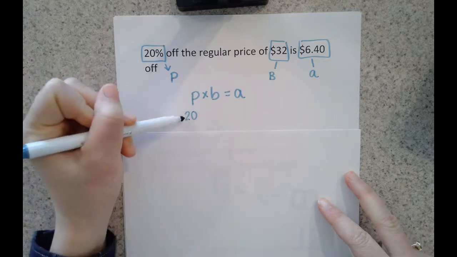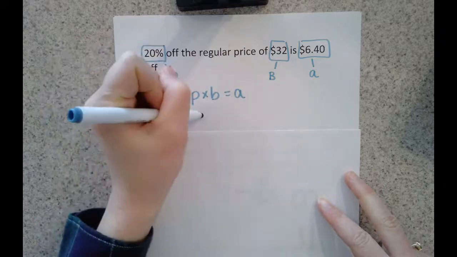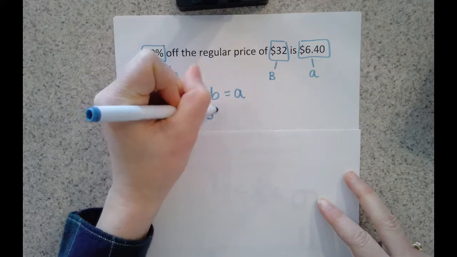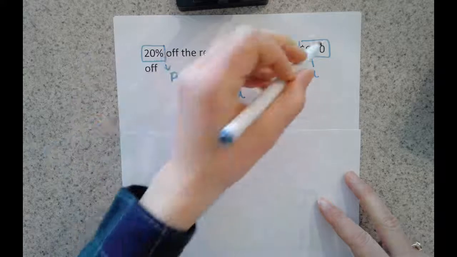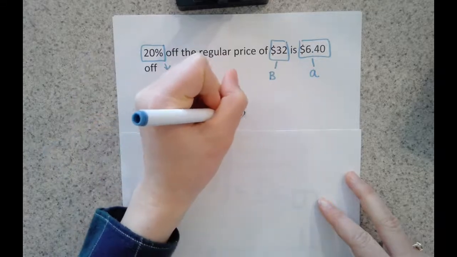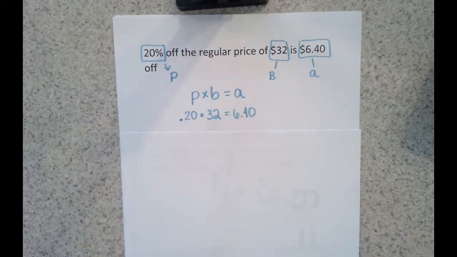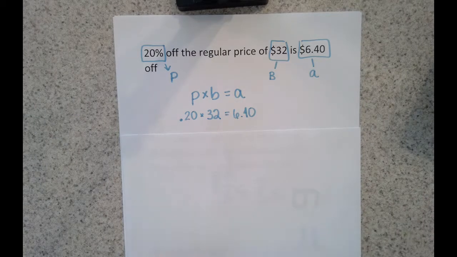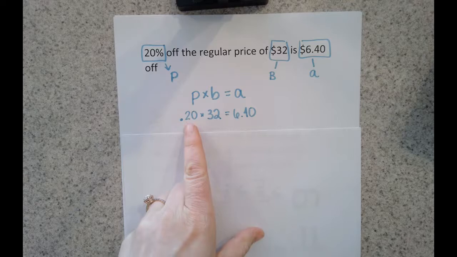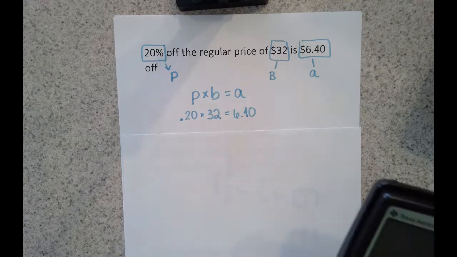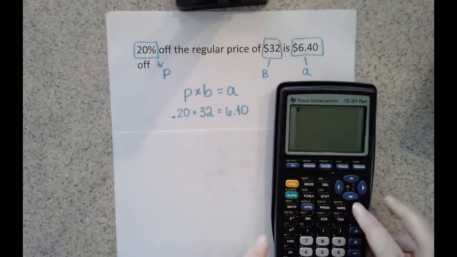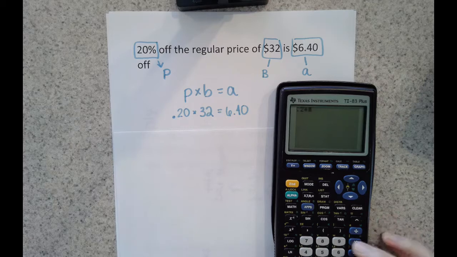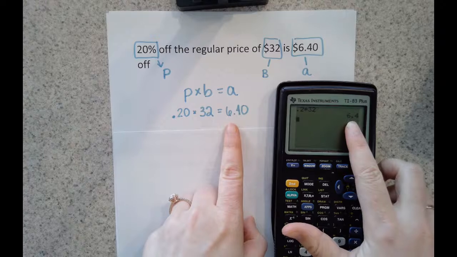So plugging 0.20 in for P, $32 in for base, and $6.40 in for part. Now, according to the percent equation, if we take 0.2 times 32, we should get 6.40. So let's check that really quick. 0.2 times 32, does that equal 6.40? Yes.